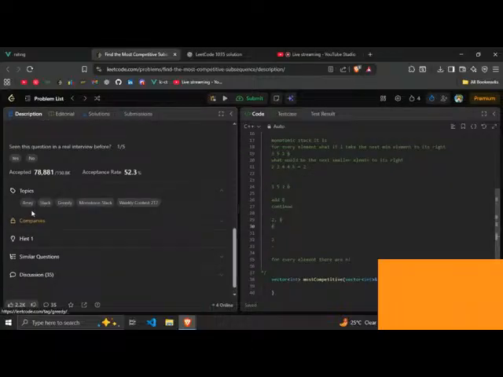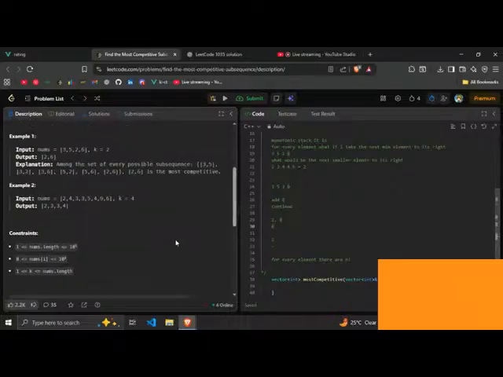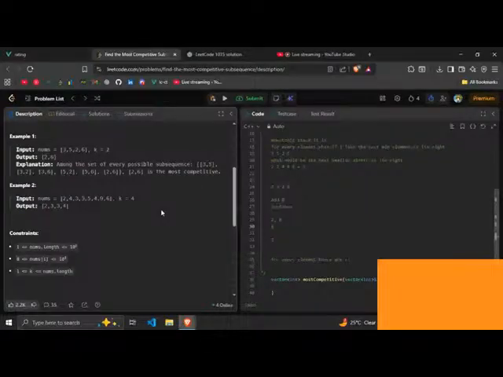Topics: array, stack, greedy. Okay, greedy. So if I take 6, okay, this is the recursive way.